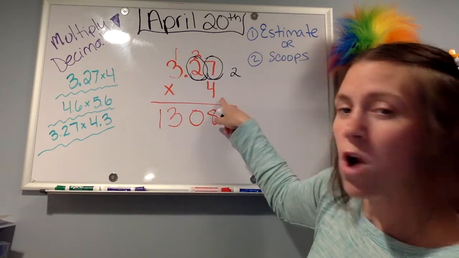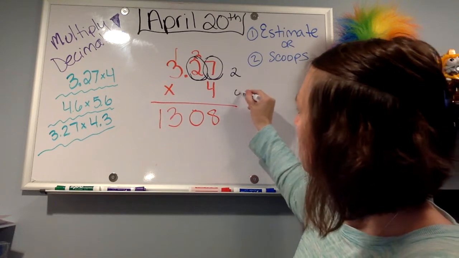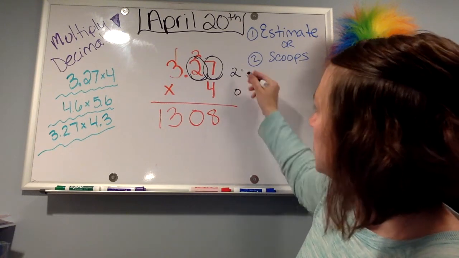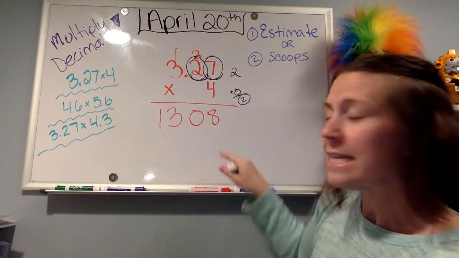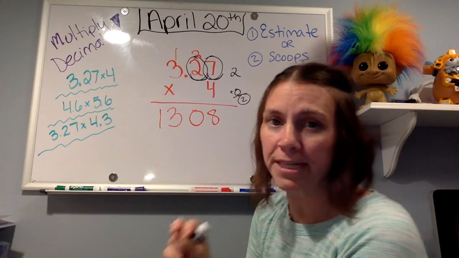Then I look at the 4, and I don't even have a decimal here. So there are no numbers after my decimal point here. And then I add these numbers up. So 2 plus 0 is 2. That means in my answer, I need 2 numbers after my decimal point.